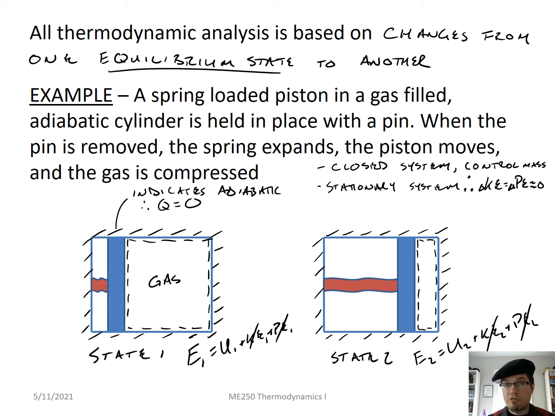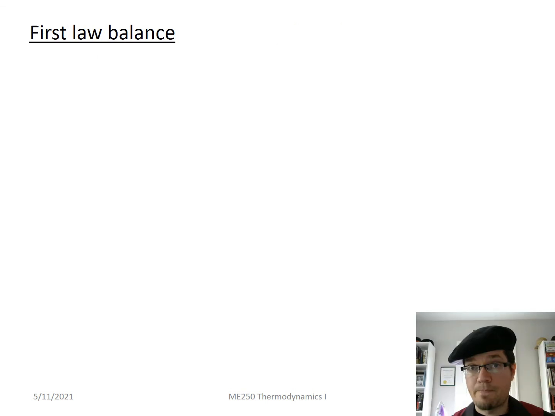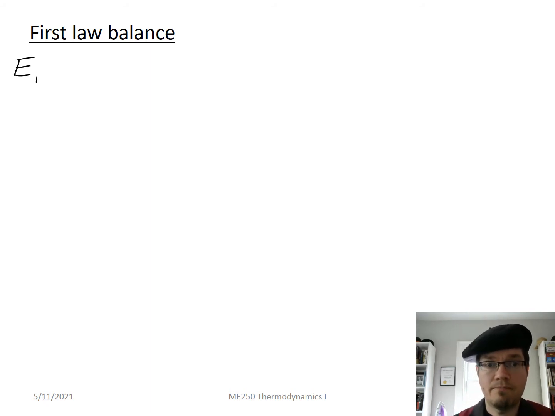How can we make some progress with this then? Well, let's do a first law balance on this. And let's write out the general form of the first law balance. So the most general form is that we've got some energy at state 1. And, well, most generally we could add work into it. We could do work on it, which would increase its energy.